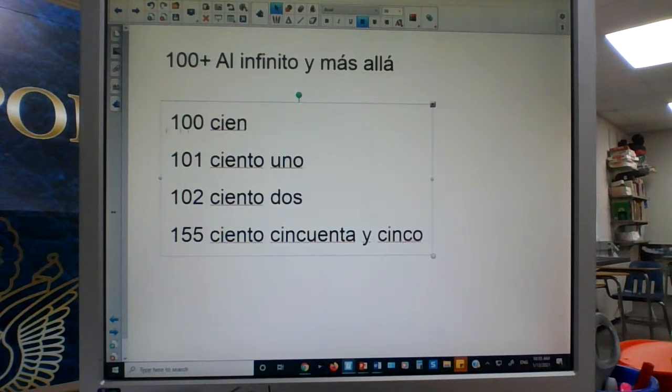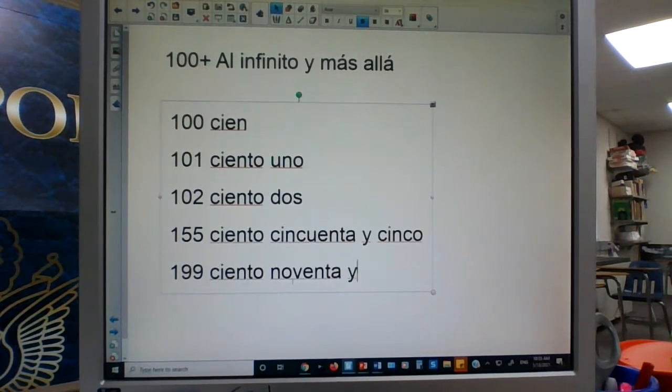Okay, so I don't want to have to count from 100 to like 199. Actually, let's go with 199. In Spanish, we say ciento, and then 90 is noventa.